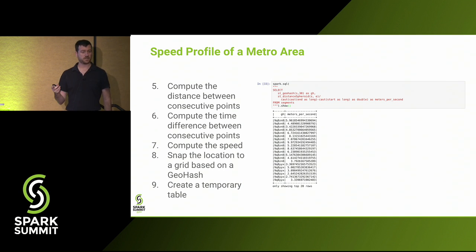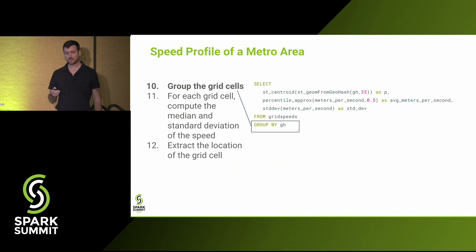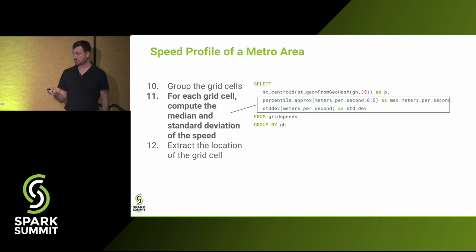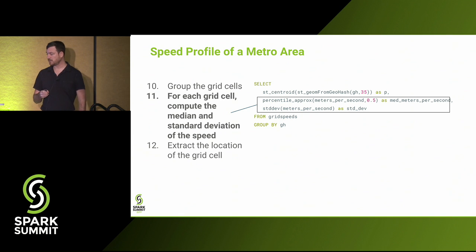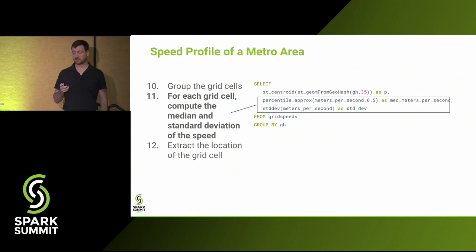It's grid cell and speed, where grid cell is repeated a number of times here. So now we're going to group by grid cell, and we're going to compute summary statistics for each grid cell. So we compute the median using the percentile approximate function that SparkSQL provides out of the box, and the standard deviation, in meters per second.